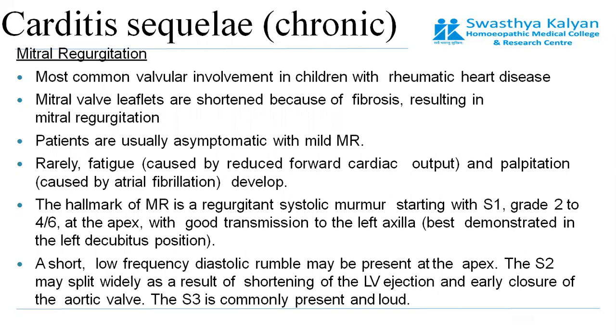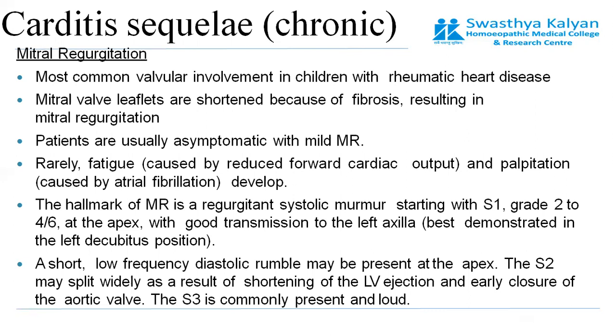The hallmark of mitral regurgitation is a regurgitant systolic murmur starting with S1, grade 2 to 4-6 at the apex, with good transmission to the left axilla, best demonstrated in the left decubitus position.